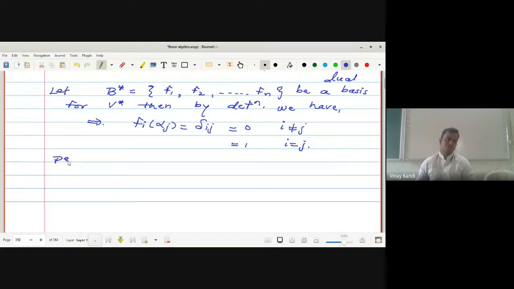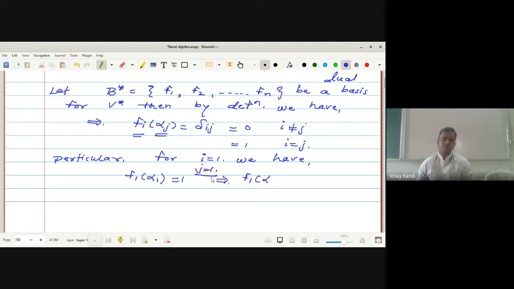In particular, if i is equal to 1, we have f1 of alpha 1. Take alpha j equal to alpha 1 and i again 1. So f1 of alpha 1 is equal to 1.